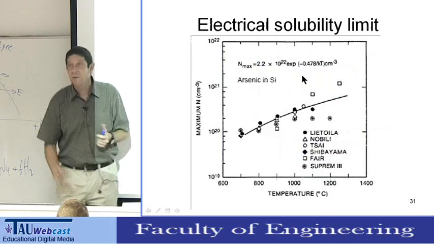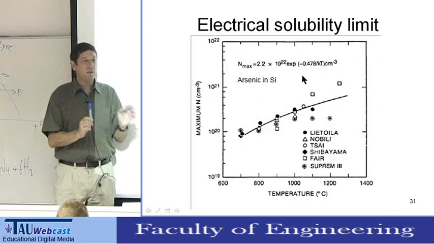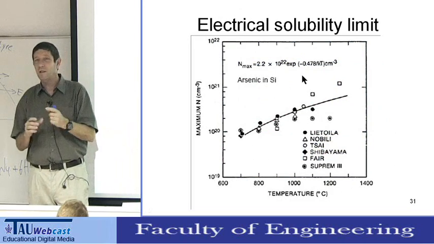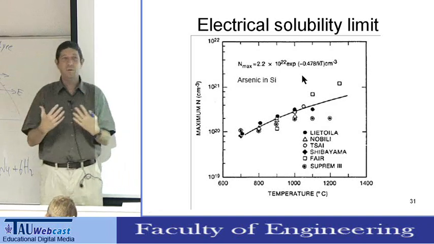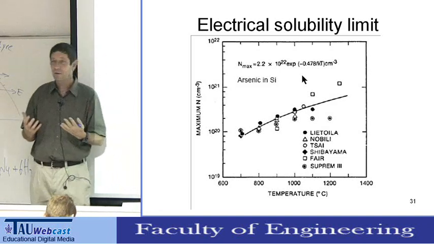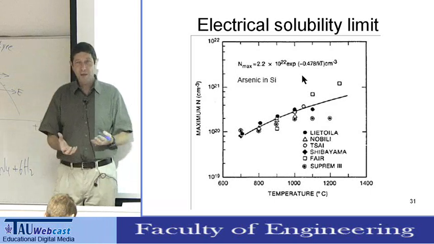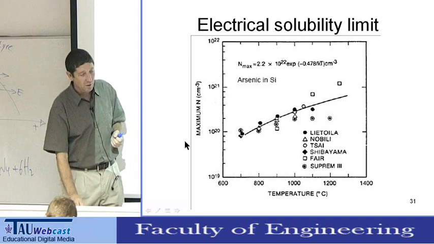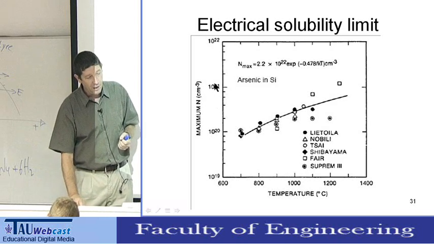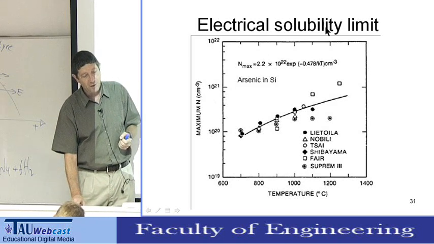One of the things you have to understand is the difference between how many atoms are in the lattice and how many atoms are electrically active. When you produce junctions, you care about the electrical solubility limit.